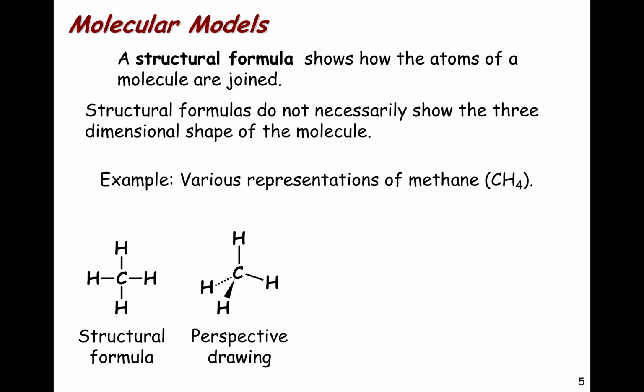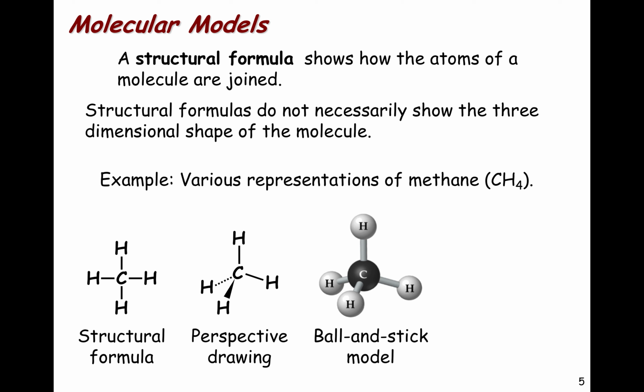We can also then give some sort of indication of the shape of the molecule by using a perspective drawing that includes wedges and hash marks that indicate that the wedge has the atom coming closer to us and the hash mark is going further back. So in fact, methane adopts a structure that we describe as being tetrahedral, where all of the angles are approximately 109 degrees.